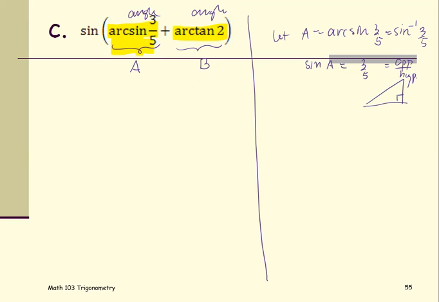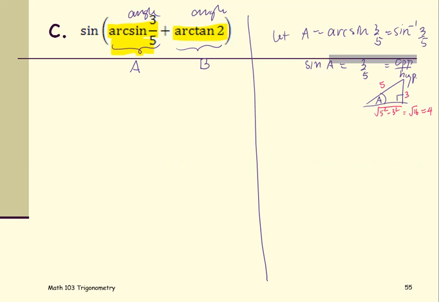And this is a right triangle diagram for an angle A. When we locate an angle A, the opposite side is going to be 3, the hypotenuse is going to be 5. Therefore, the adjacent, from the use of the Pythagorean theorem, is the square root of 5 squared minus 3 squared, or square root of 25 minus 9, or square root of 16, which returns the value 4.